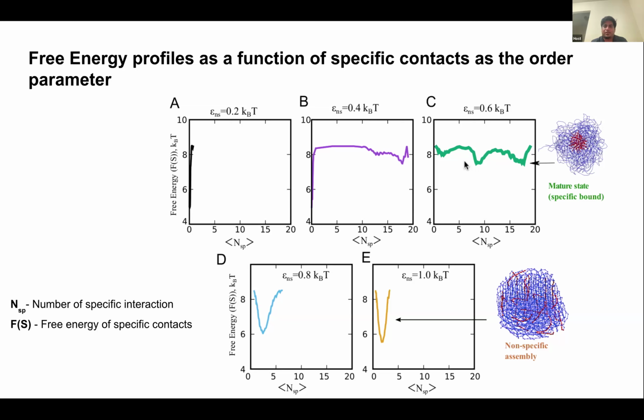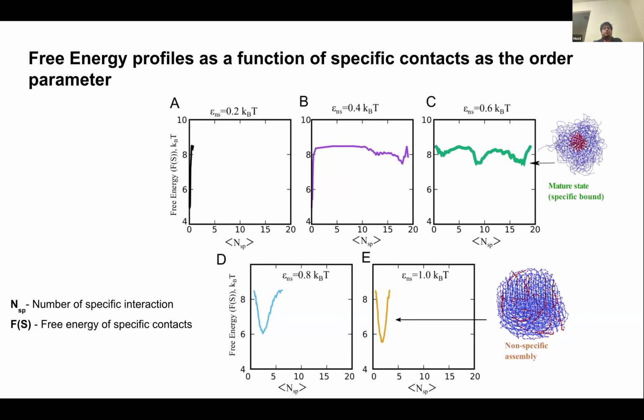For 0.6 kT of non-specific interaction, there is a free energy well at a specific interaction, which says there is a formation of a mature state with a red region in between the formed cluster. So this simulation also confirms the similar thing. For 1 kT you can see the number of non-specific interactions is very low where the free energy well is formed, which says there's a formation of a cluster, but the red beads are not interacting, and the specific interaction is very low. This was done using replica exchange simulation.